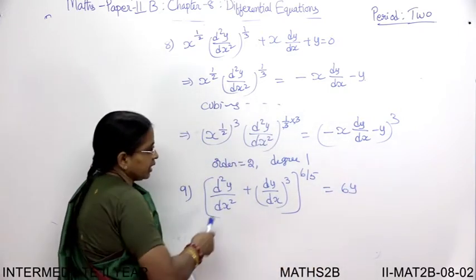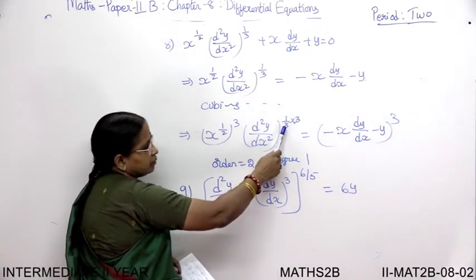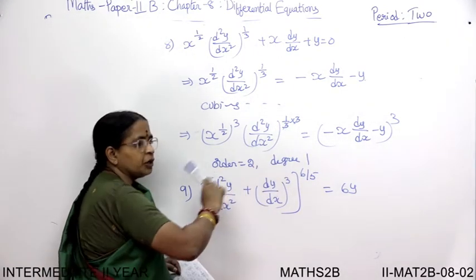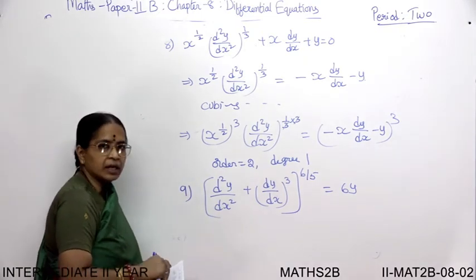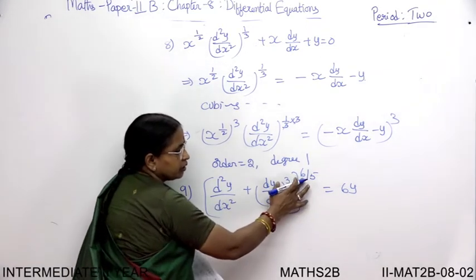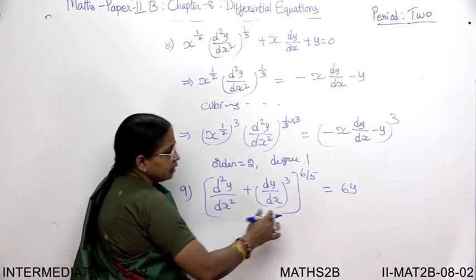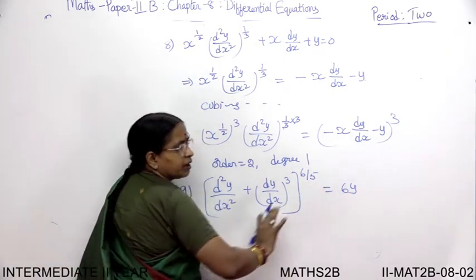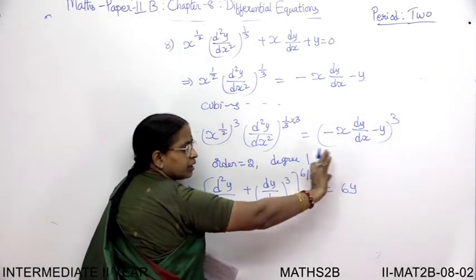You may think, like in all the earlier problems, we just took the denominator and took that power on both sides, whether cubing or squaring. But here you have 6 by 5. So don't think of taking the power of 5 on both sides, because on the right side you don't have any derivatives. So you can take this 6 by 5 power directly to the right side.